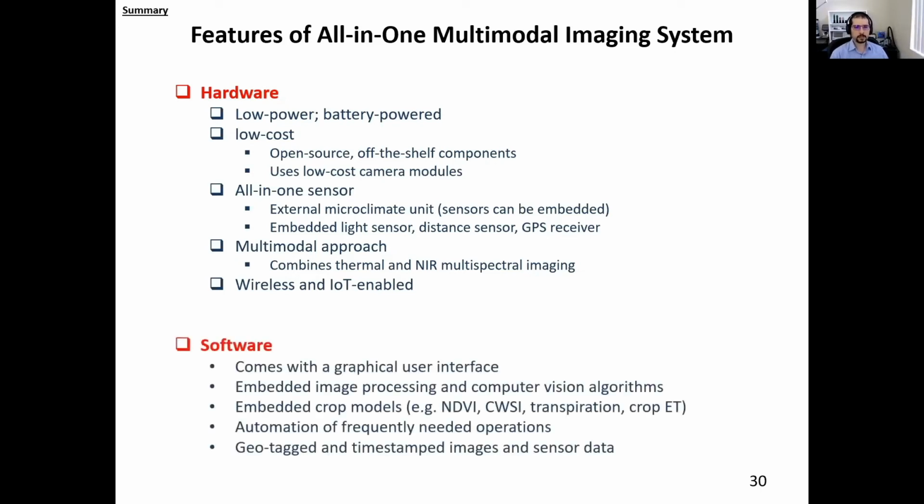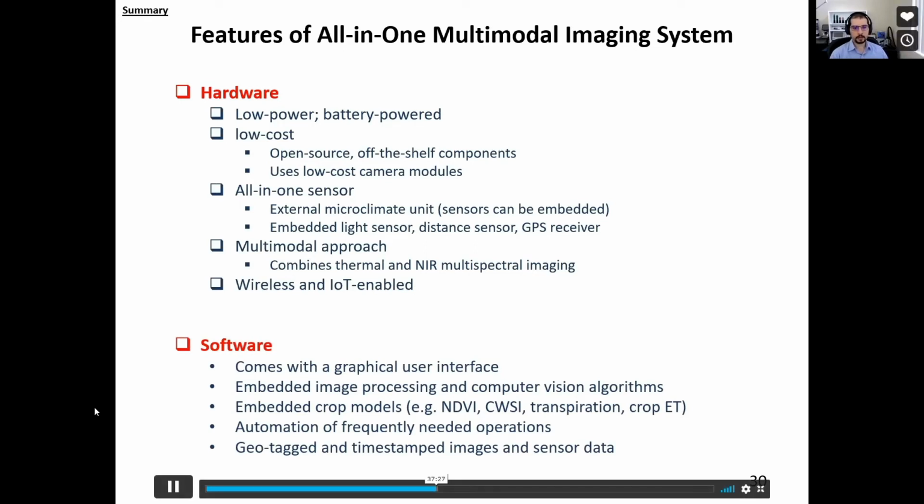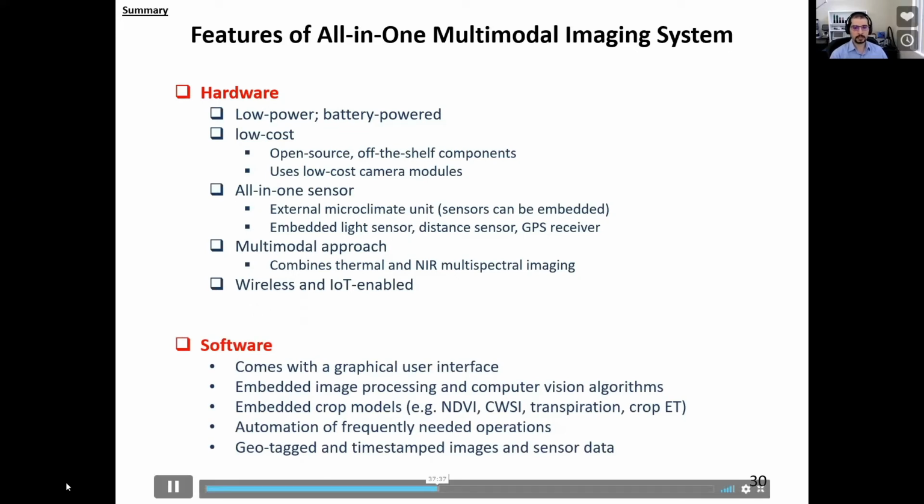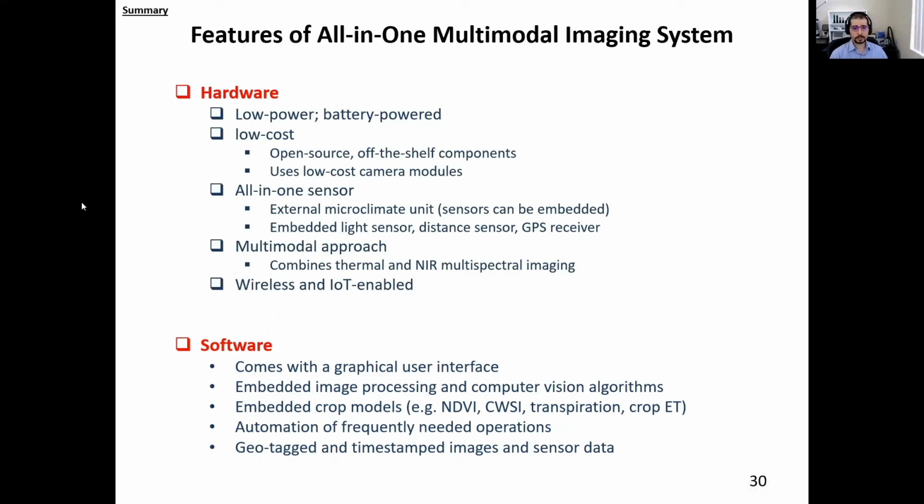And the software of the multimodal imaging system comes with a graphical user interface. There are embedded image processing and computer vision algorithms, so everything is carried out on the imager. And there are embedded crop models, all different types of models that I have developed since 2012 and was using in my research.